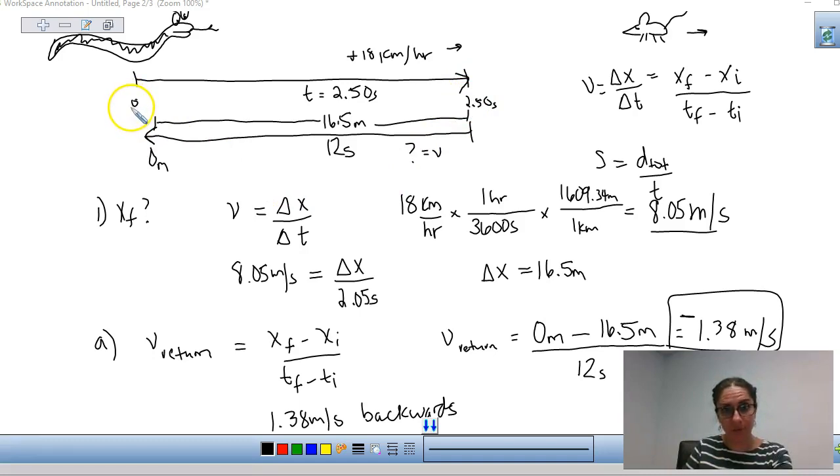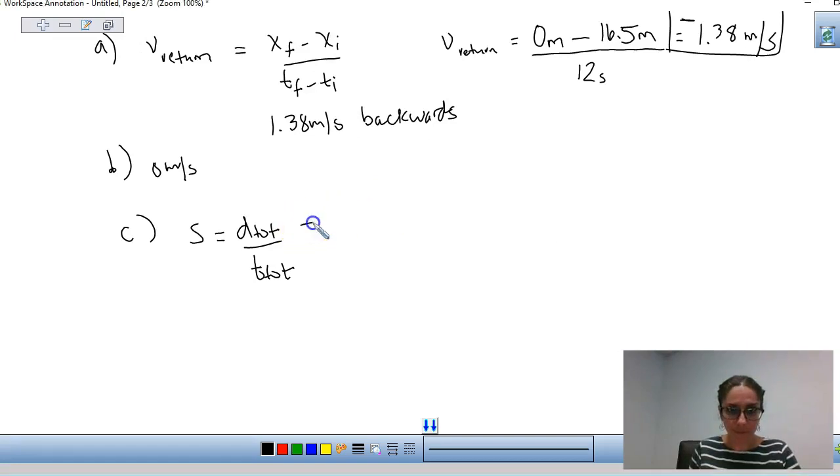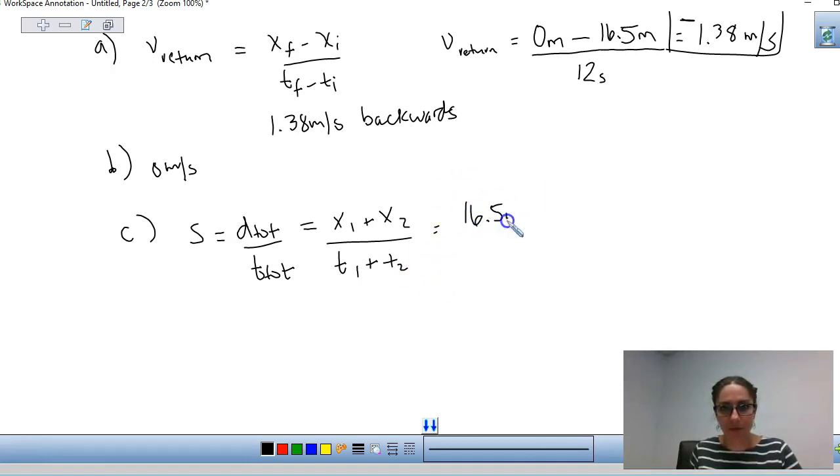And the total time would be the 12 seconds here, and then the 2.5 seconds for the total time. I'm going to write it mathematically here, because there were two distances and two times. You don't have to do that step, but I'm just being complete here. 16.5 plus 16.5 divided by 2.5 seconds, and then the time back.